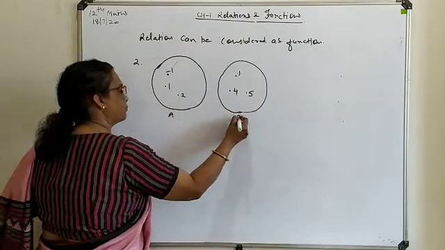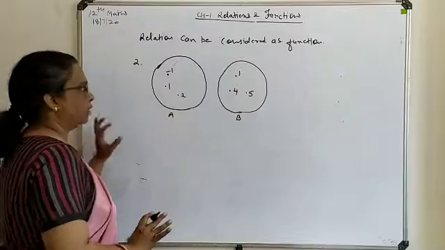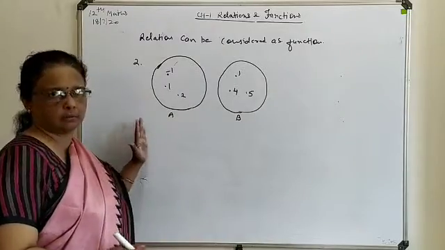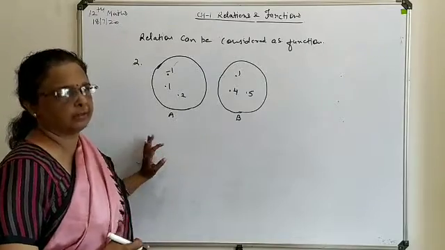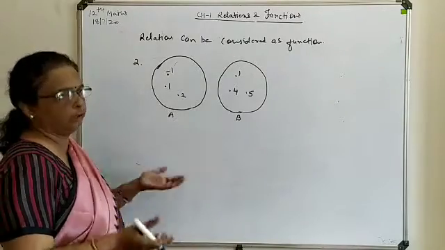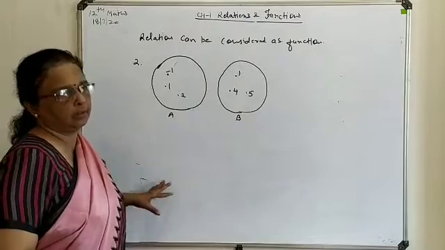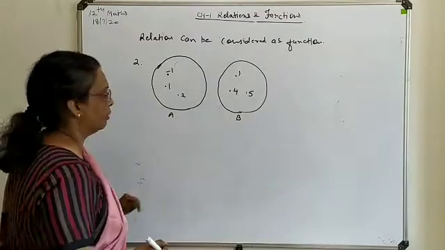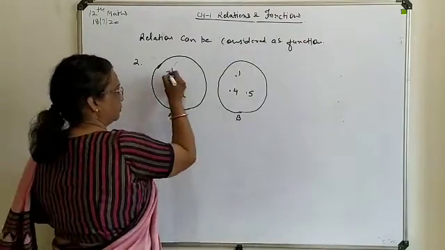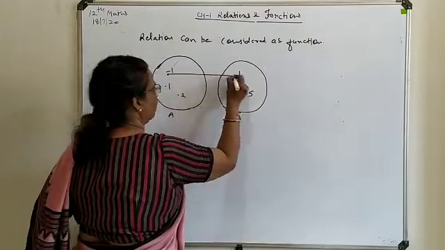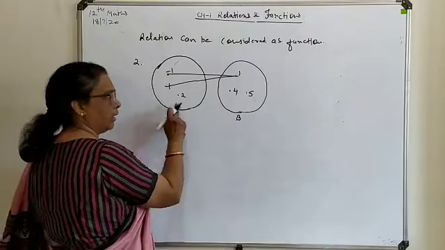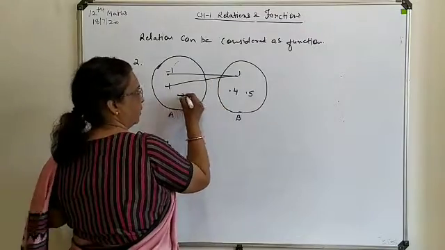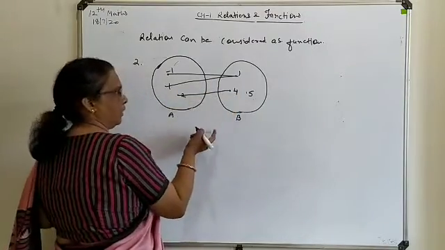This is set A, this is set B. Here we are talking about a limited number of elements in sets A and B, so it will be better for understanding how any relation can be converted into a function form. Now here we are going to define one function in such a way that two elements of set A give you a single image. Many combinations can exist.